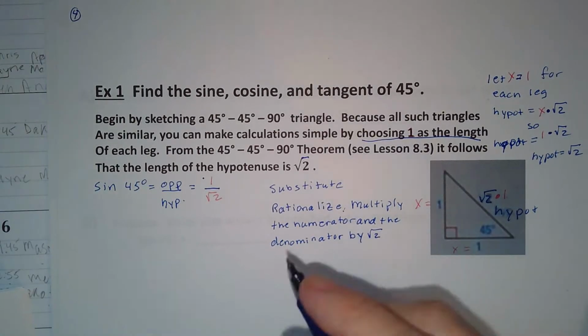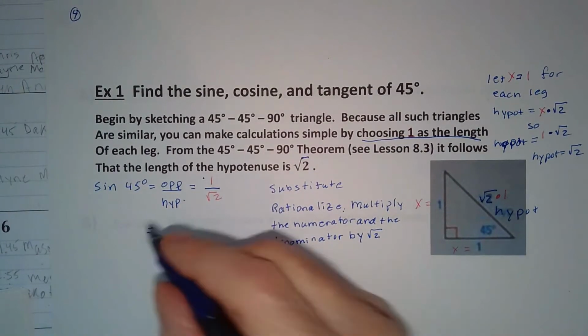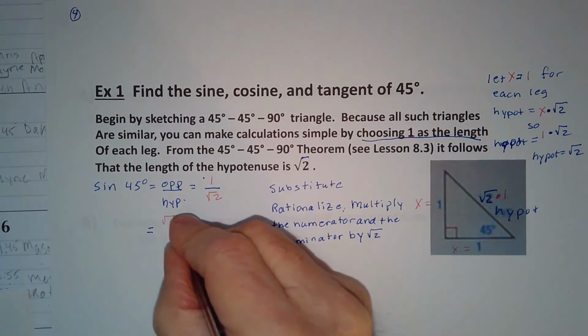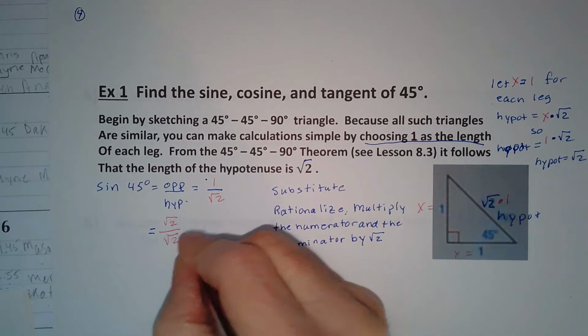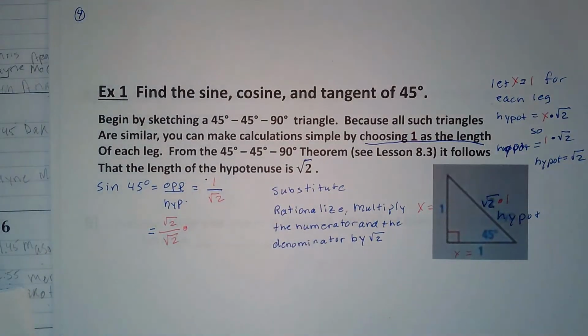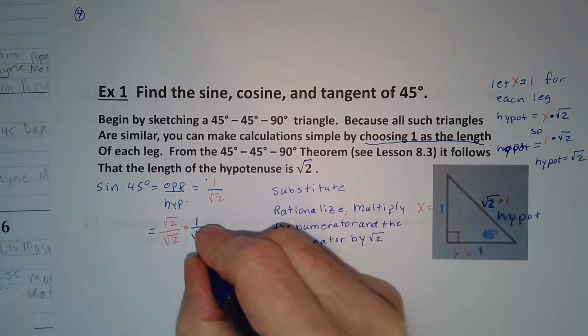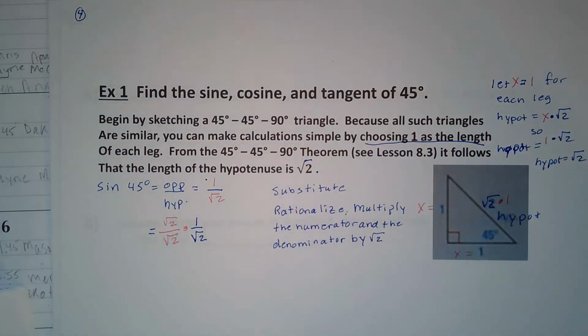Okay, so that looks like this. Square root of 2 divided by the square root of 2 times 1 over the square root of 2. So you're just going to multiply across now. So multiply.